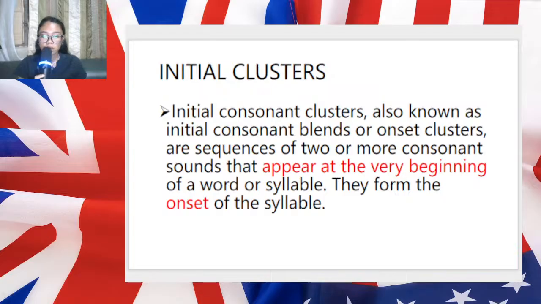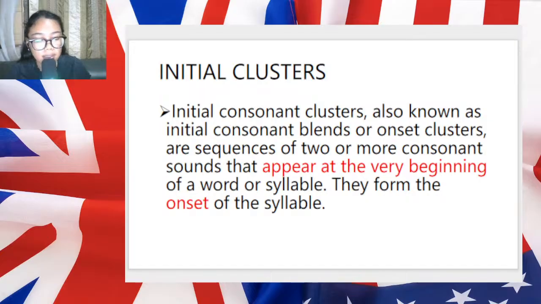So you might also hear these referred to as initial consonant blends or onset clusters. The term onset here simply refers to the beginning part of a syllable, so the sound or sounds that come before the vowel sound. That's onset.